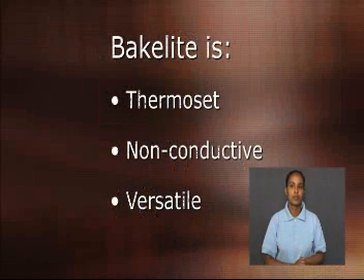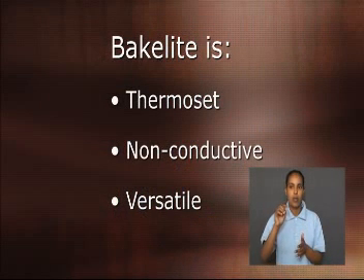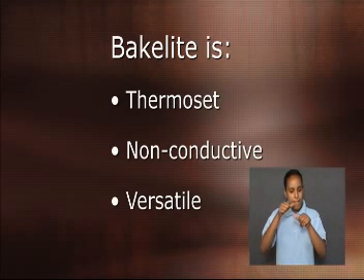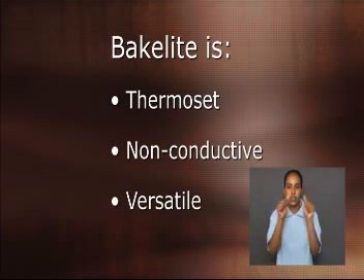Bakelite is not used very often anymore, but was one of the first plastic materials. It is a thermoset material, which once it is set into a given shape, it cannot be reshaped by any means. It is permanently set into its given shape through exposure to heat.